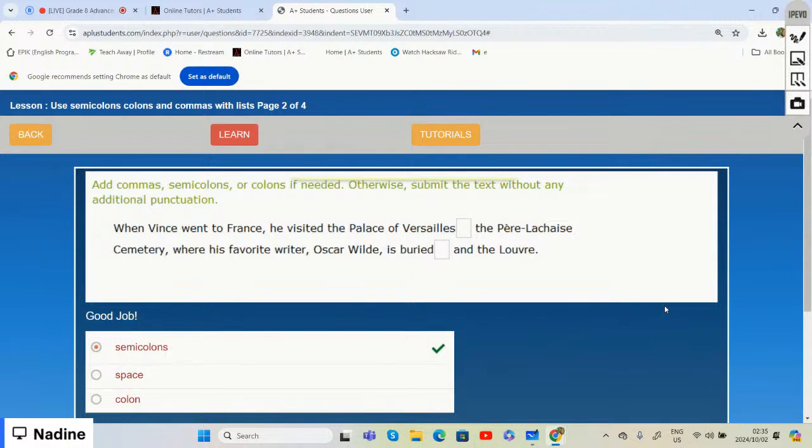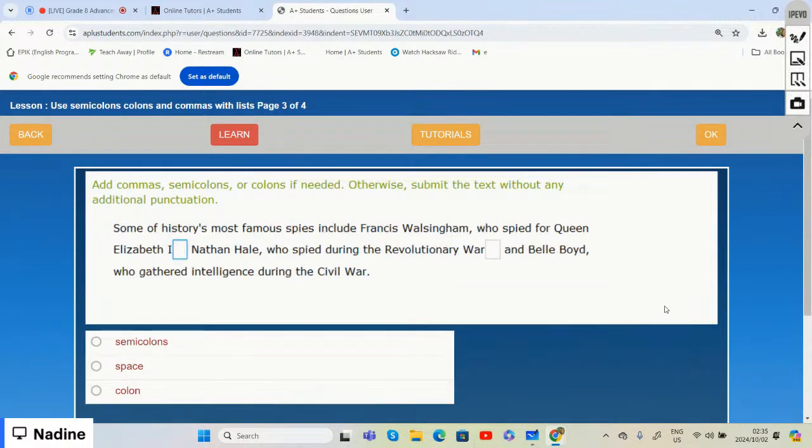And we'll go with semicolons, right? Because they specifically said he visited where his famous writer was buried, right? So the commas were going to be unclear. All right, let's look at the next one.